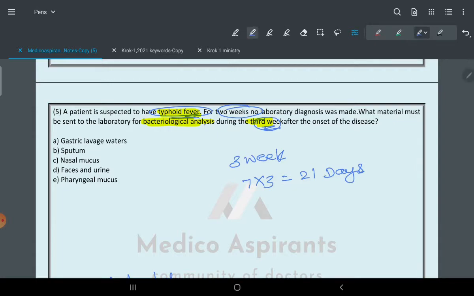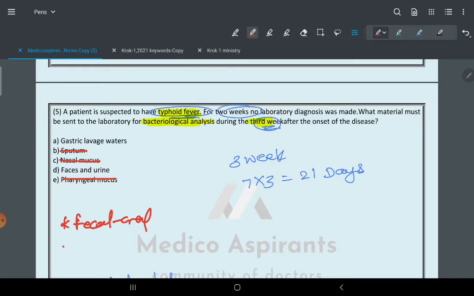So what are those options which can't be the answer? It is a fecal-oral transmission firstly. So in this case, this is not going to be the answer. Sputum is not going to be the answer. Nasal mucus is not going to be the answer.